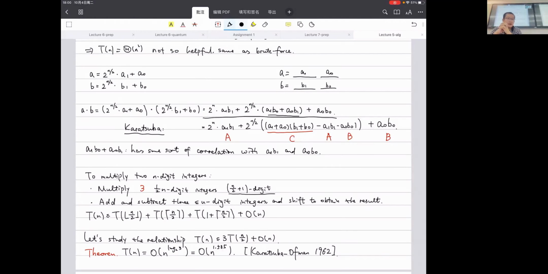It's hard to imagine multiplication of super long integers, but in machine learning there are definitely multiplications of super large matrices. In those cases, compared with brute-force multiplication at cost n cubed, which I will discuss next class, such a divide and conquer idea is going to be helpful.